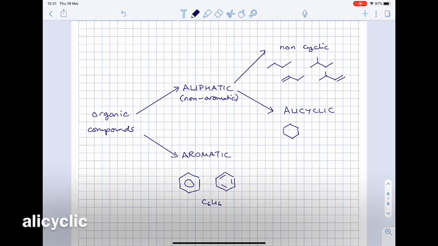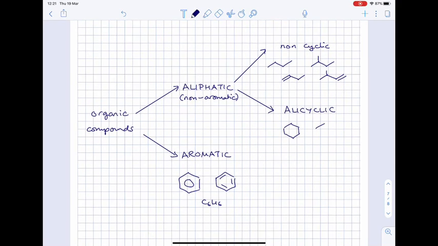Anything with a cyclic ring is going to be alicyclic, whether it's an alkane or an alkene. For example, that's cyclohexene, that's alicyclic. Not to be confused with the aromatics. Aromatics are not like alkenes; we will discuss this in the second year. So that's a bit of a recap of different types of organic compounds, or how we can classify organic compounds.